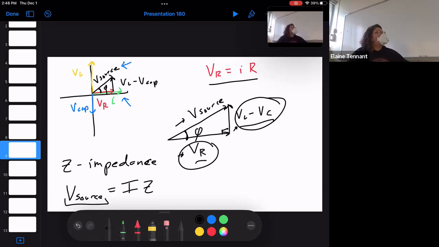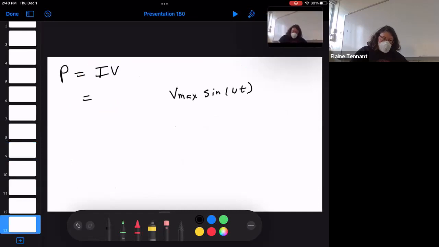So wherever my source voltage is, if you subtract off the phase angle, you get the current. Does that make sense? So I'm going to write down my current as I max sine omega t minus the phase angle. I'm going to write V max. Okay. Sound all right?